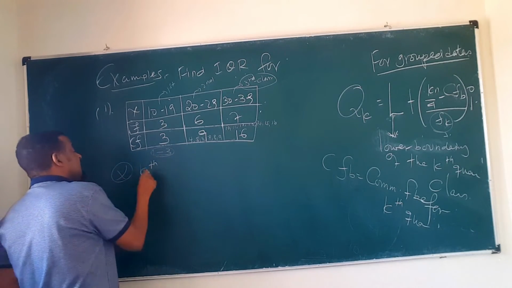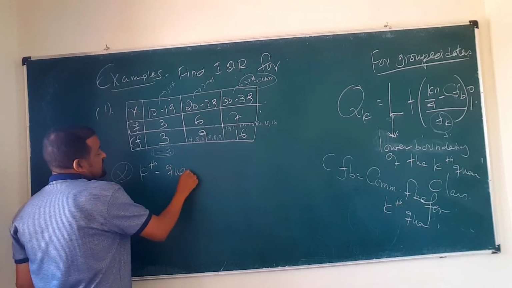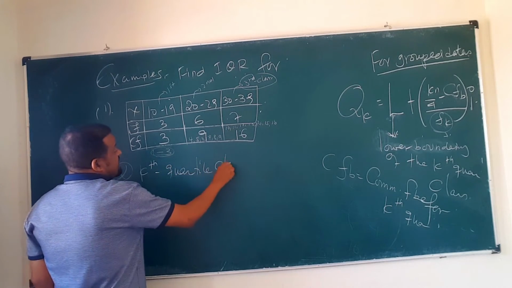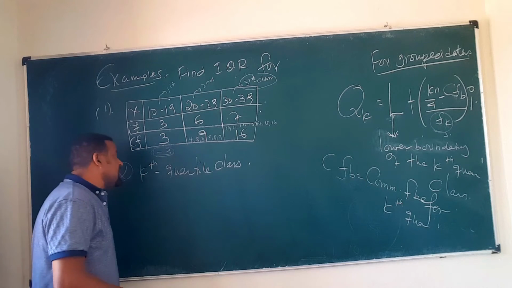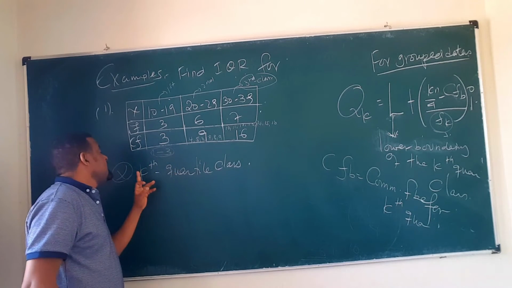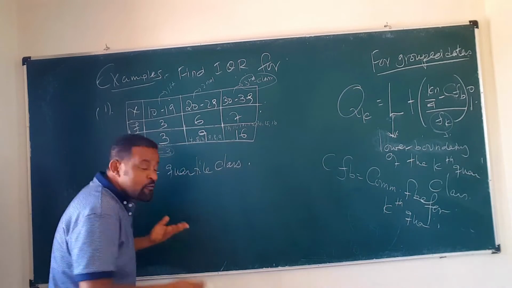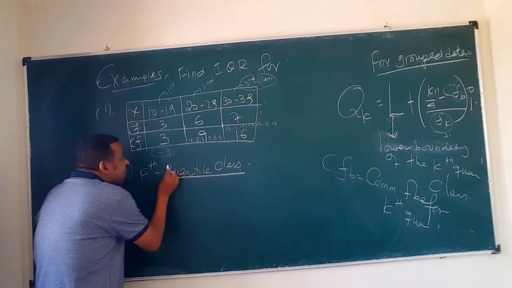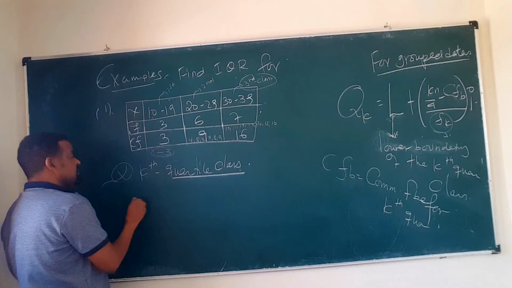So now to find the k-th quartile class, that means the first quartile class, the second quartile, here median, and the third quartile class የሚለውን ለማግኘት ምን እንጠቀማለን?